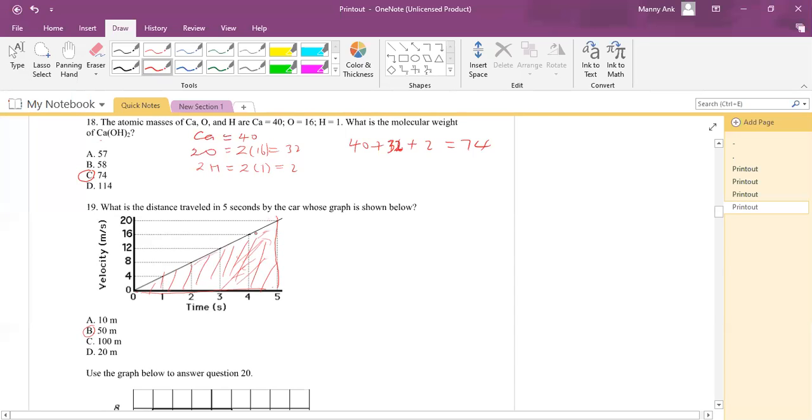But distance is the velocity times time. But here we have a triangle. So the distance traveled will be equal to the area under the line between the given interval.